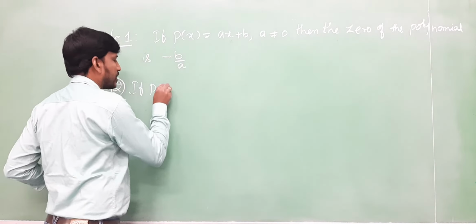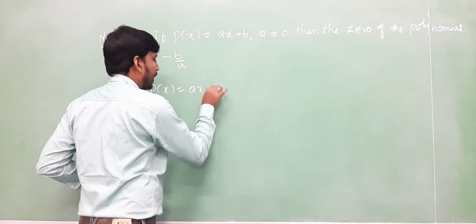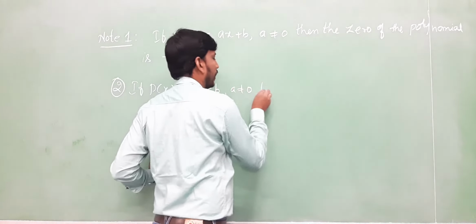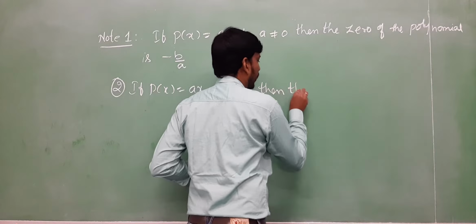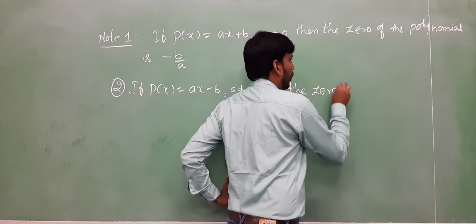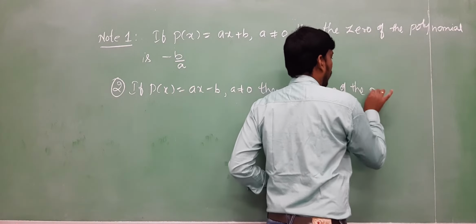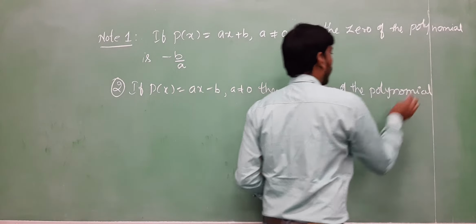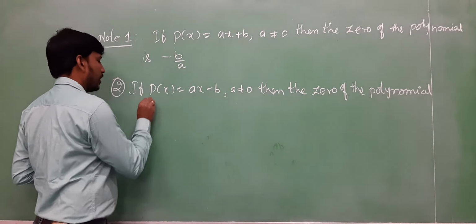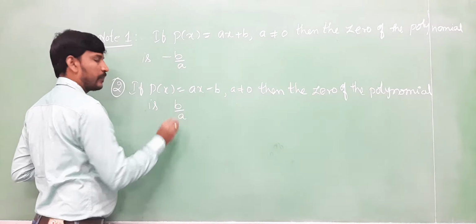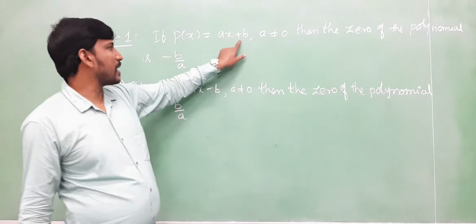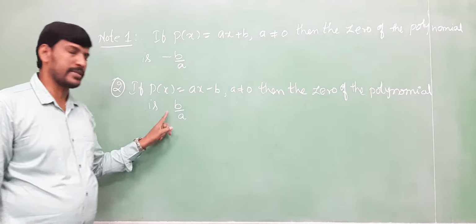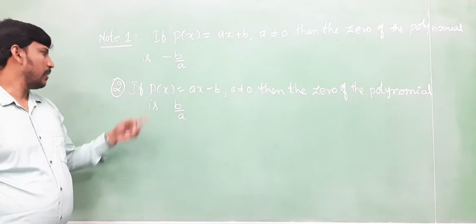If p of x is equal to ax minus b, where a is not equal to 0, then the zero of the polynomial is b by a. Clear? If it is plus, you will get minus in the answer. If it is minus, you will get plus. Keep it in mind. Please note down these 2 points.